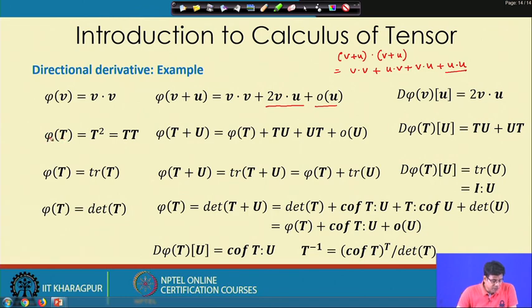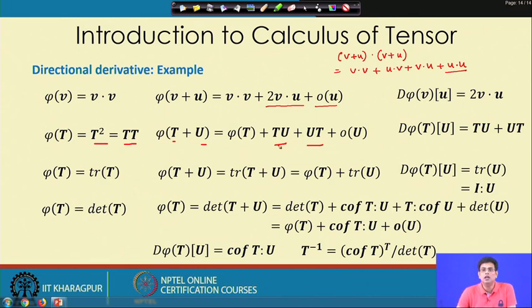Now, if instead of a vector the argument is a tensor, phi of T, where T is a second order tensor, I can write it as T times T. If I want to find the directional derivative, I write T plus u, and the same way I get T u and u T. Remember, this is a second order tensor, so I cannot write T u equals u T, because we can think of a second order tensor as a matrix, and matrix multiplication is not commutative in general.